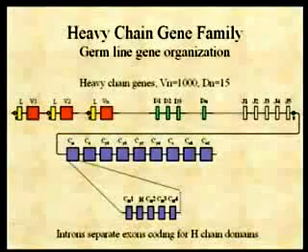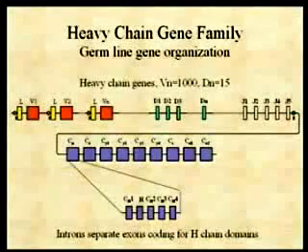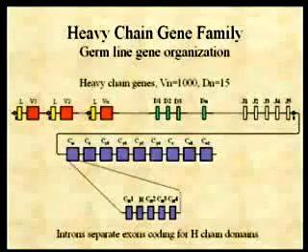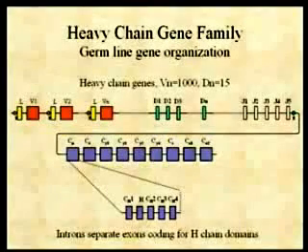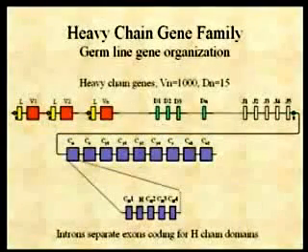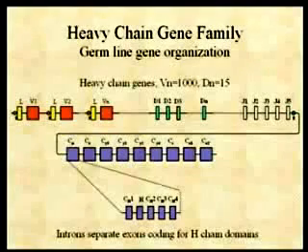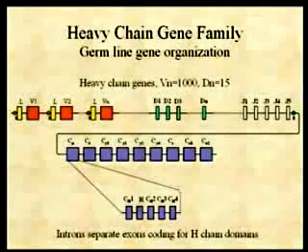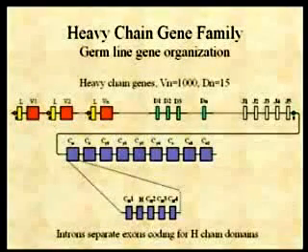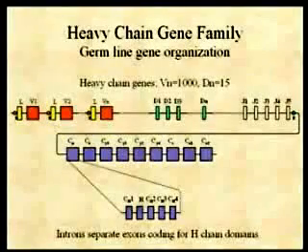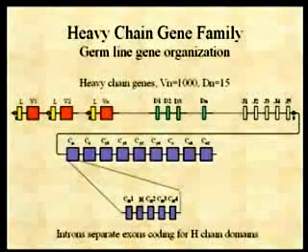And in the case of the heavy chains, it's about 15 of those D gene segments. Again, we typically don't refer to it as a gene because it's just very small, it codes for just a few amino acids. And so we just refer to it as a gene segment. The D stands for diversity. And as we go through today, we'll see why it's called the diversity region.